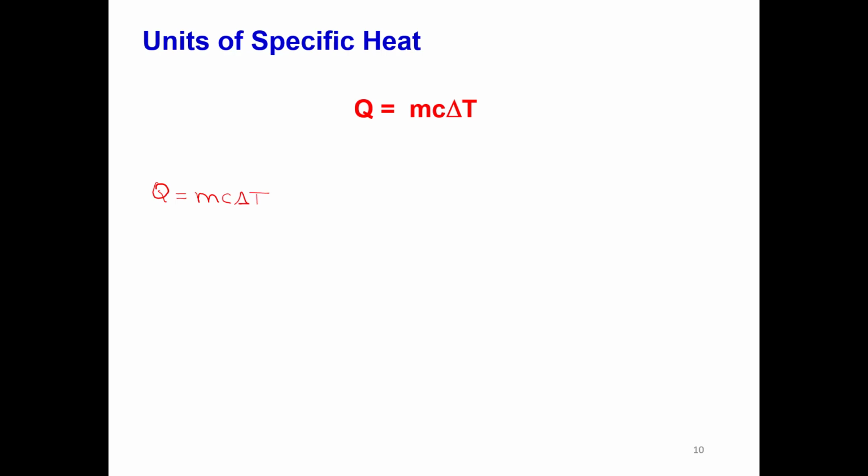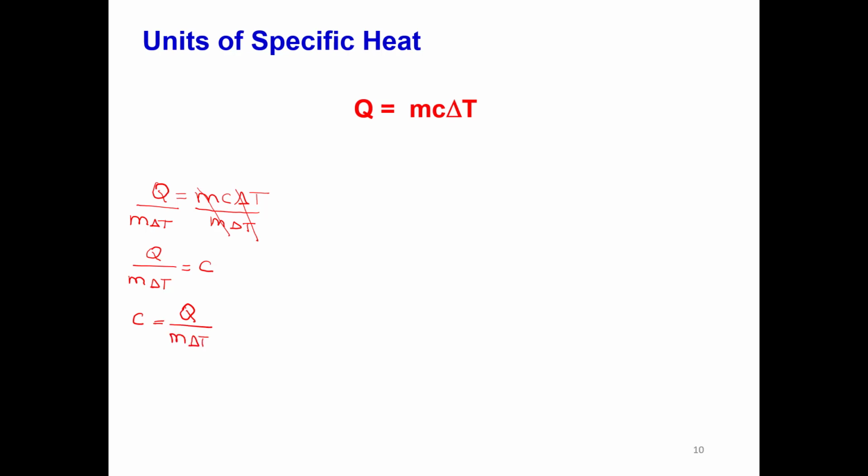To solve for specific heat, we divide by mass and divide by change in temperature, and we do the same on the other side of the equation. Then the mass cancels out, the delta T cancels out, and we have specific heat equals heat over mass times change in temperature, or you can write the same thing.